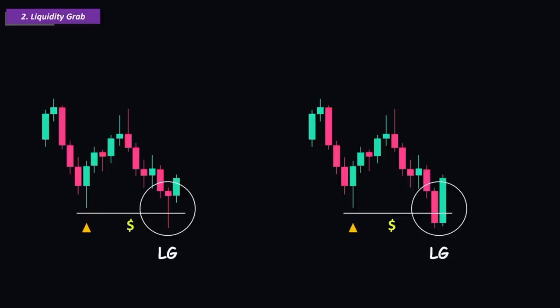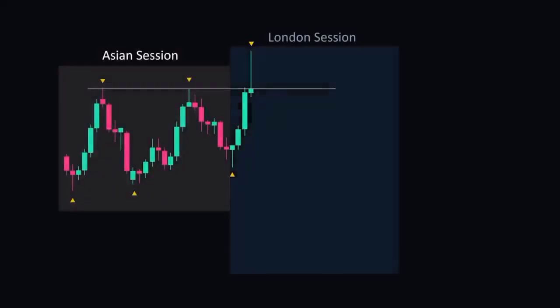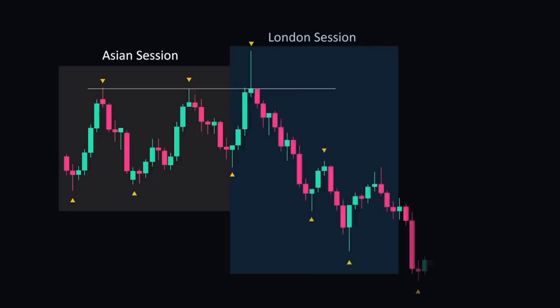This is often a strong signal that the market is likely to move in the opposite direction of the liquidity grab. For example, if price sweeps above the Asian high during the London opening, but then quickly closes back below the level, it shows buyers have been trapped. This gives traders a chance to look for short setups, expecting price to reverse and move lower.